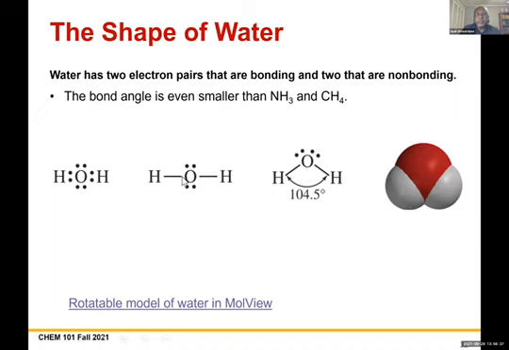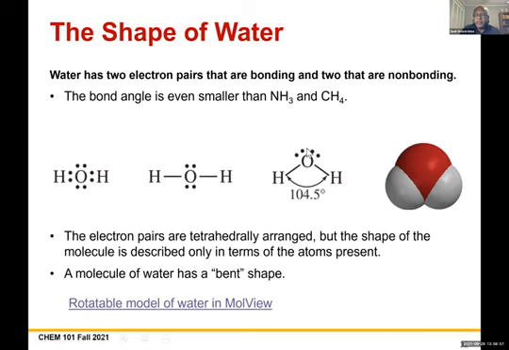Oxygen has 2 bonding electron pairs and 2 non-bonding. So these 4 electron pairs, including non-bonding and bonding, are distributed in space, just like the methane molecule.